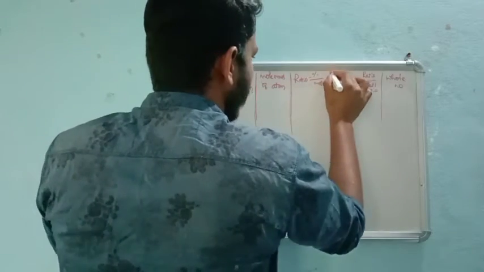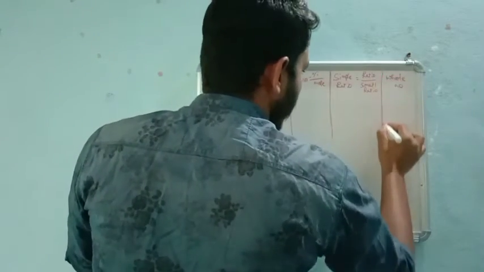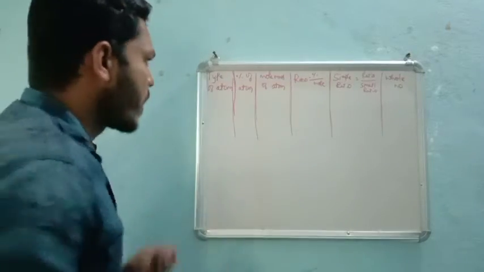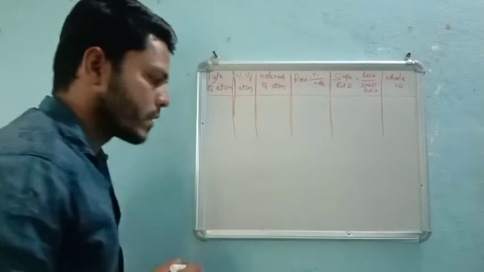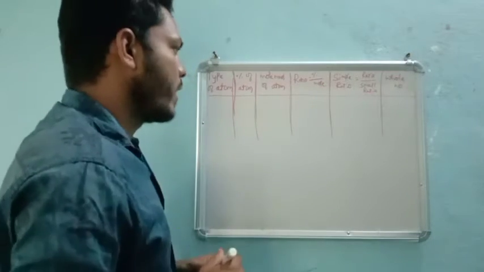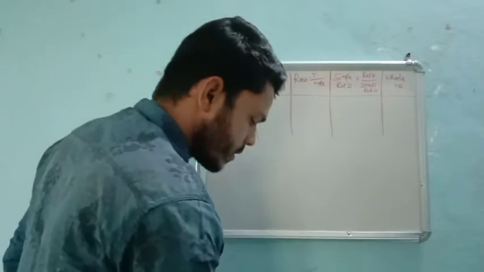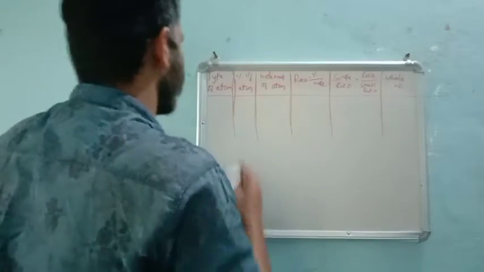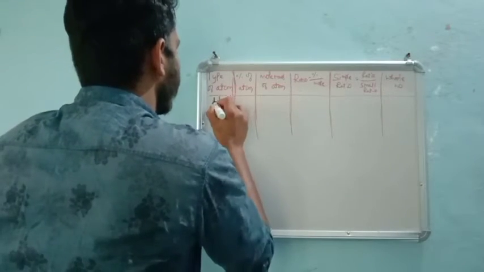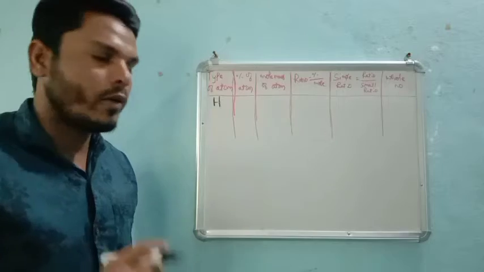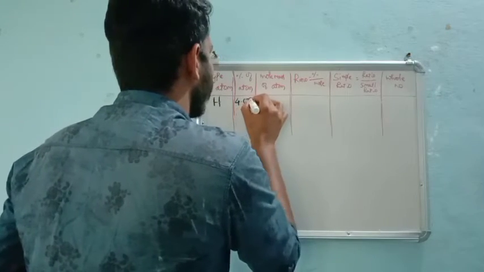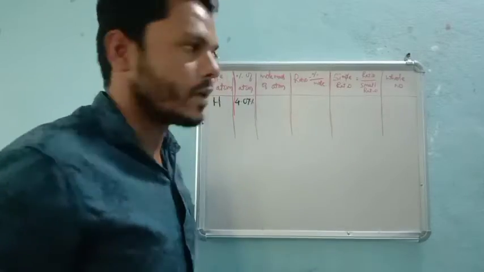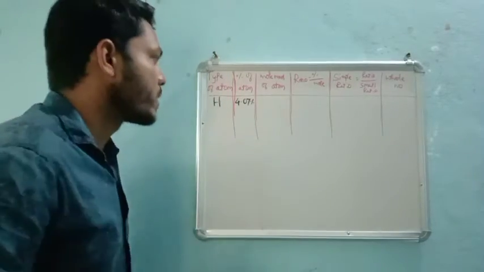Definitely you will come to know what all they have given in different forms. Now consider that problem and read it out once again. A compound containing, first they have given the hydrogen. So let us put hydrogen first. Type of atom first is hydrogen, and the percent of hydrogen is 4.07%.